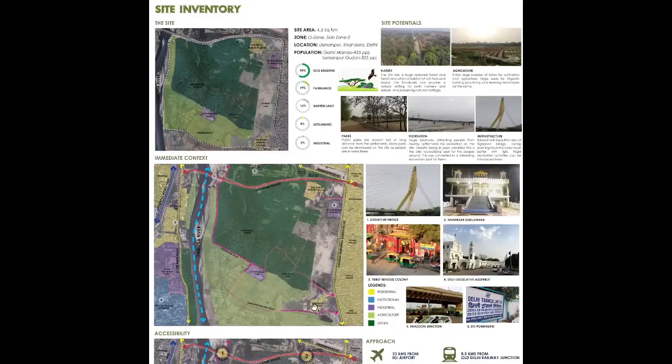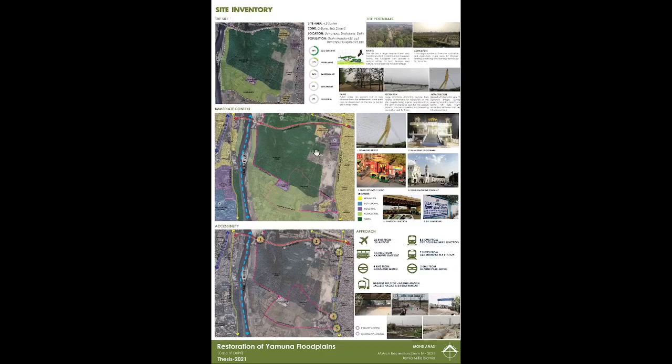Then coming on to the site inventory, I have studied how the site is today. Most of the part is eco-sensitive. Then I have studied the immediate context, which has Signature Bridge as the prominent landmark near the site.